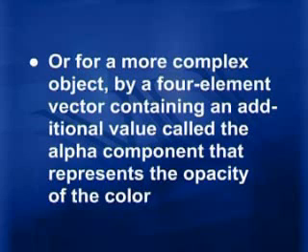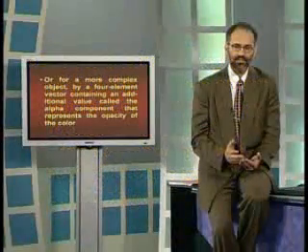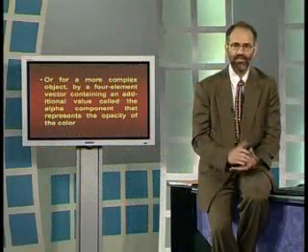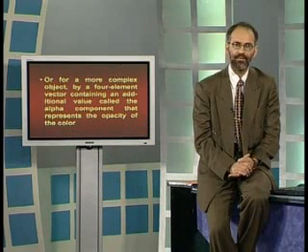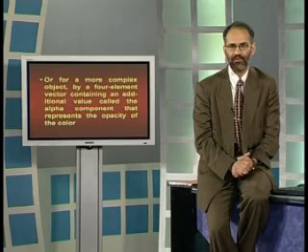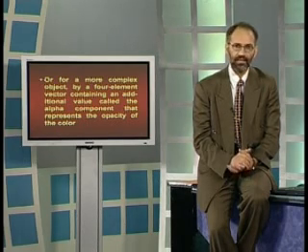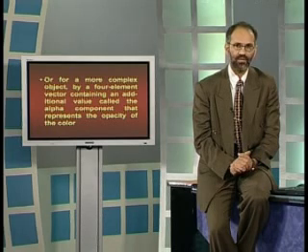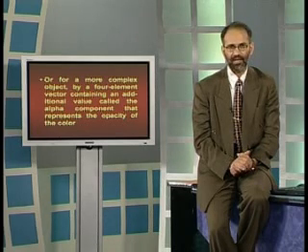Or for a more complex object, we can have a 4-element vector containing an additional value called the alpha component that represents the opacity of the color. RGB तो मौजूद हैं, red, green और blue. We have been dealing with them, we have been talking about them, but in certain cases we will have yet another component walking in, the 4th one, which is called the alpha channel, and the alpha channel is associated with the opacity of the color.